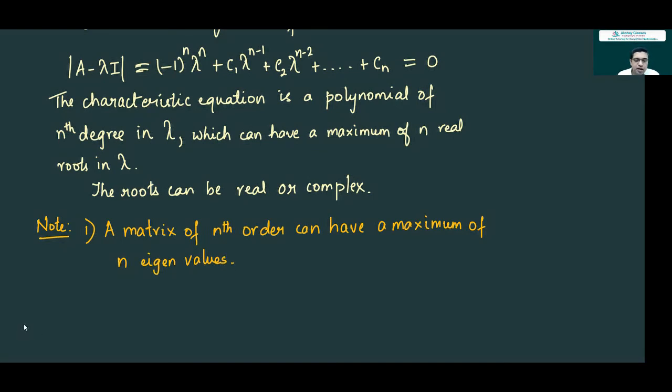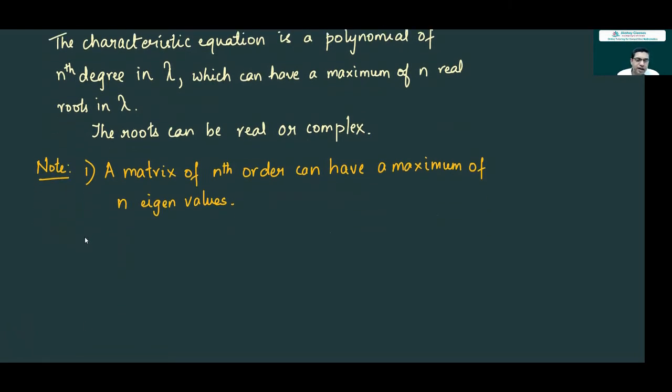Now if n is odd, for an odd degree polynomial, how many real roots will be there?